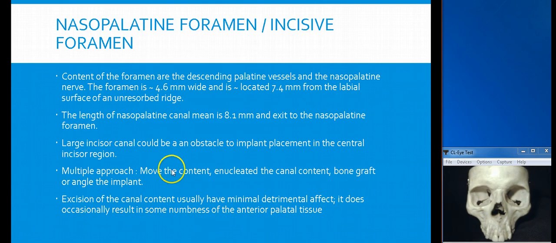So from our literature review, to give you an idea and a picture in your head, the contents of the foramen are the descending palatine vessels and the nasopalatine. This foramen is about 4.6 millimeter wide and is located about 7.4 millimeter from the labial surface of the unresorbed bridge.